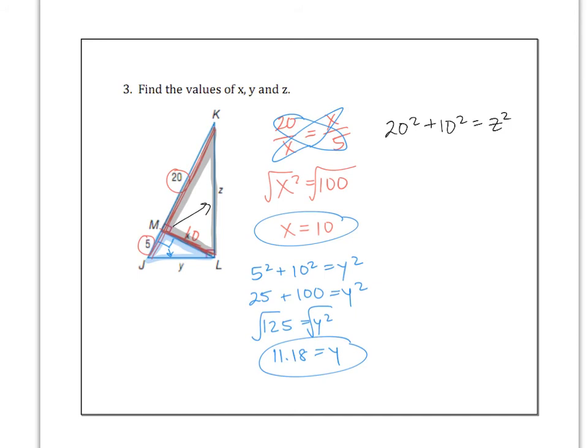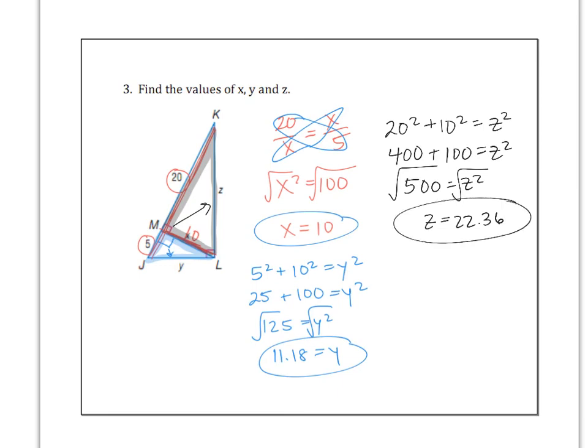We can do the Pythagorean theorem again. 20 squared is 400, 10 squared is 100. 400 plus 100 is 500. And then square root. And the square root of 500 is 22.36. So z is approximately 22.36.